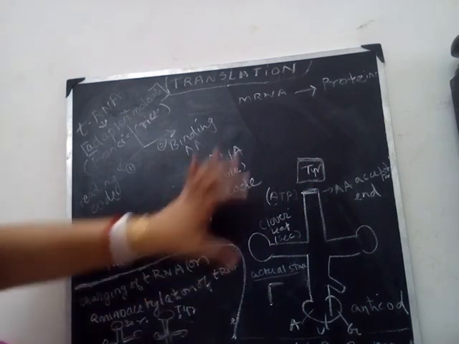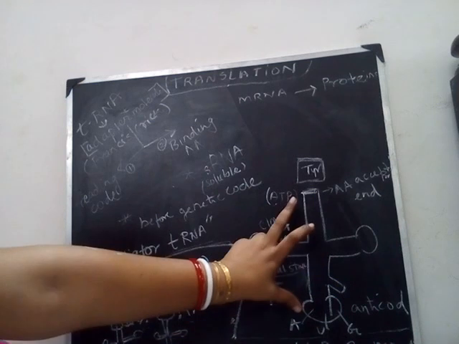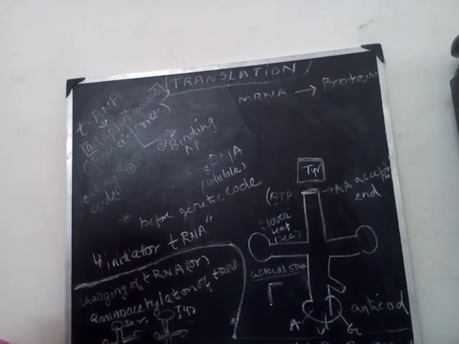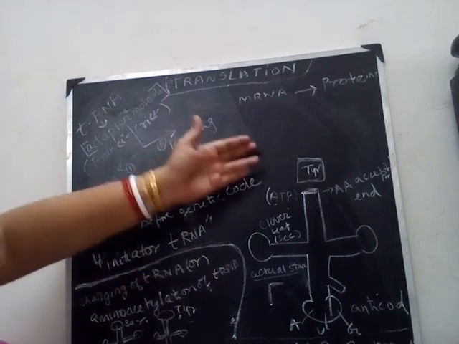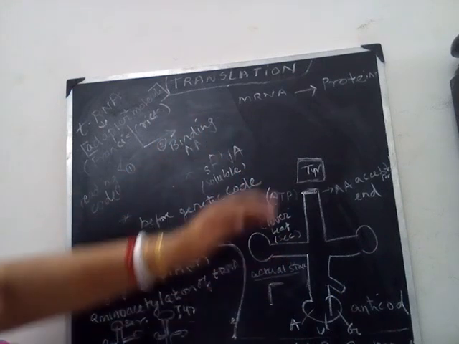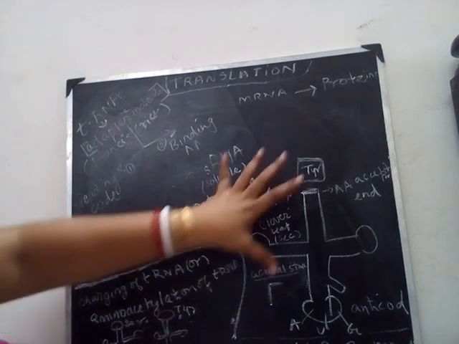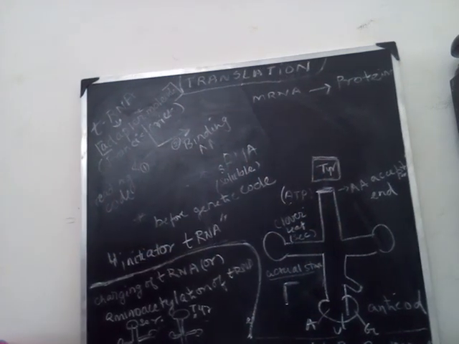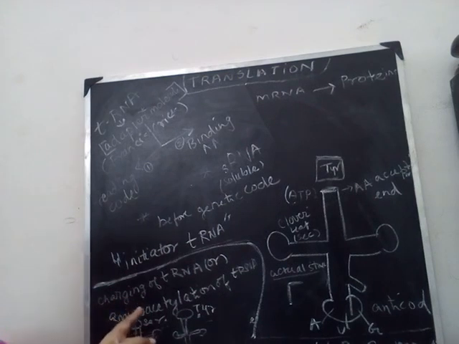This process of charging of transfer RNA is the initial phase of translation that is needed. First is initiation, elongation, then termination. So first the transfer RNA should get charged. Charging of transfer RNA is also known as aminoacylation of transfer RNA.